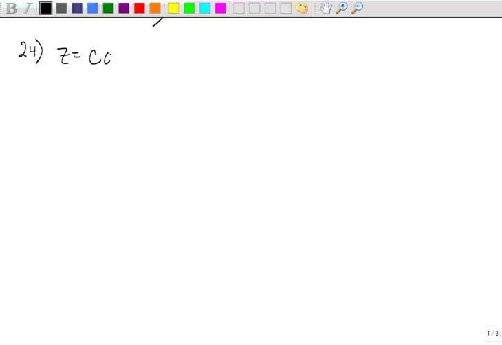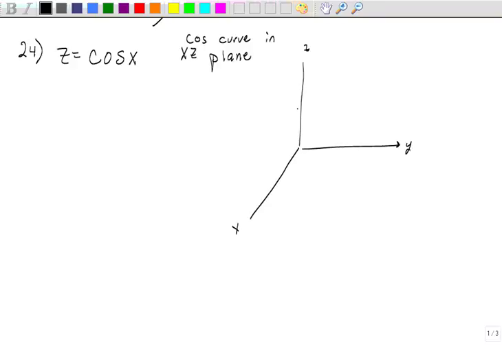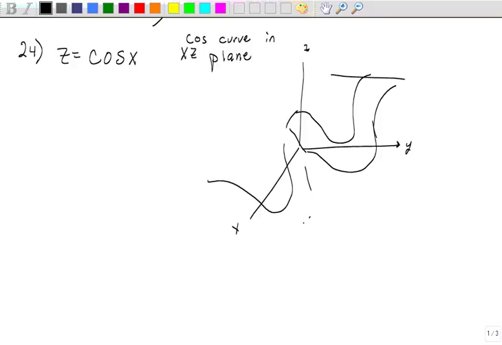Here we have z equals cosine x. So this is going to be the cosine curve in the xz plane. So here's z and here's x. So we have the cosine curve, and we're going to have the plane kind of coming like that.